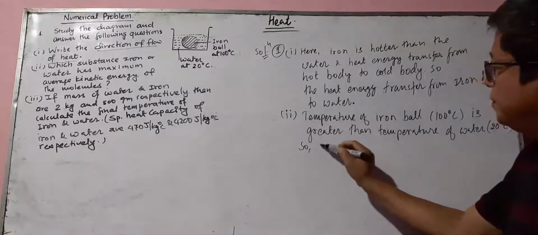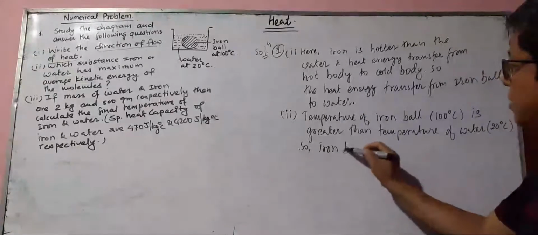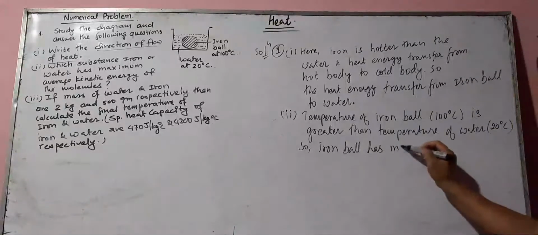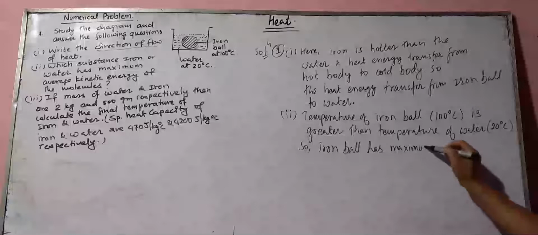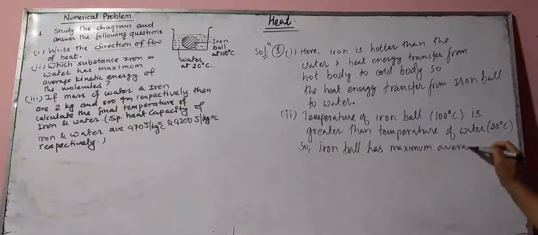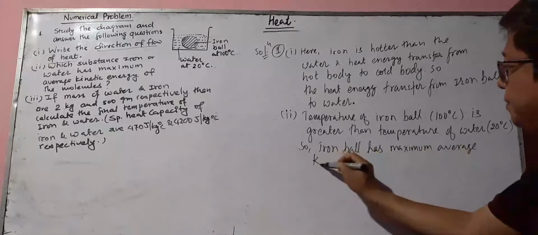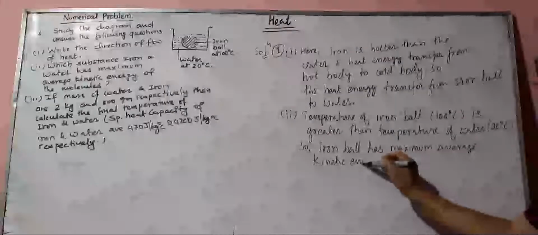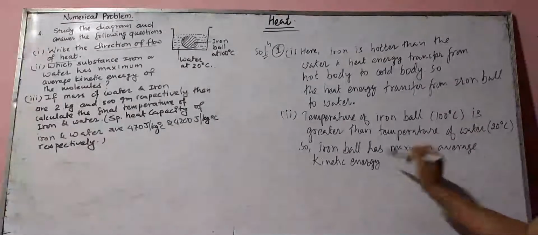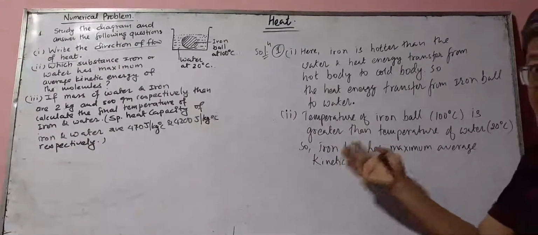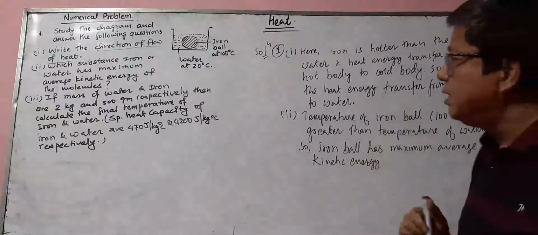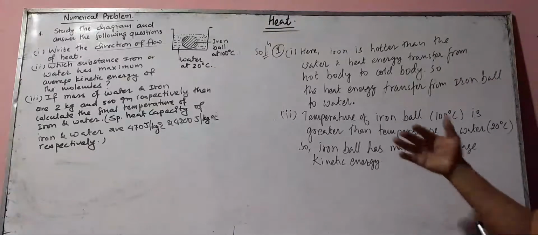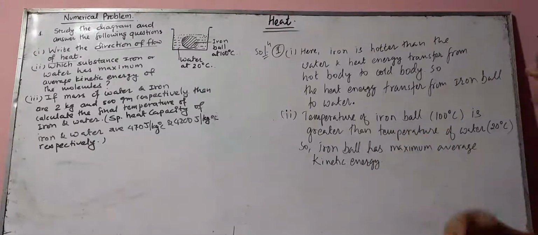So the iron ball has maximum average kinetic energy. Okay, as in the definition of temperature, we have discussed that the average kinetic energy of the substance represents the temperature.